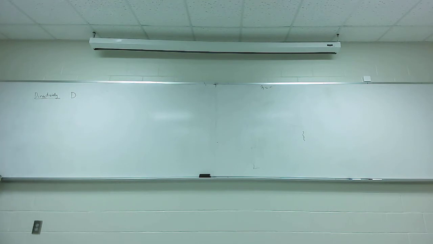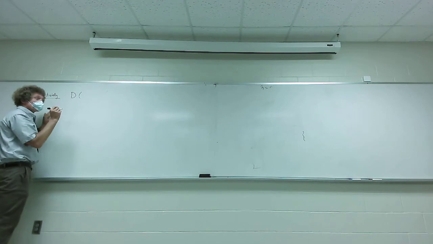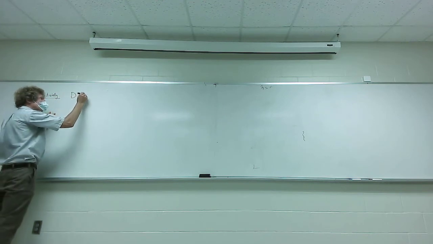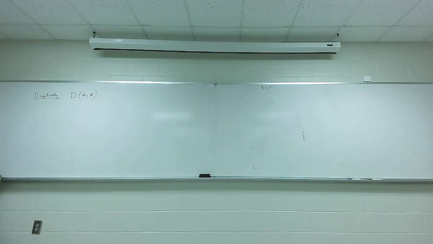The problem with D is it means diameter too. When we have dish antennas, oftentimes if you see D listed next to a dish antenna that you're selecting from a catalog, that might be the diameter. You got to look at the units. D is unitless. Y'all follow me? Diameter will have inches, centimeters, meters, something like that. All right, so this is the symbol they use. And directivity is never a function of R, but it can be a function, and it usually is, of theta or phi or both. Now that's important.